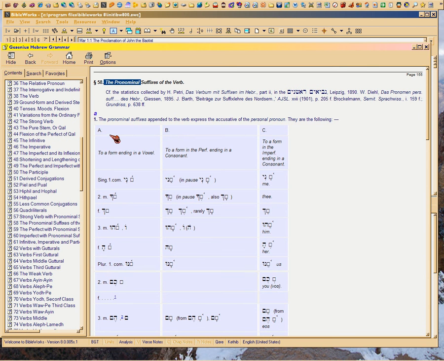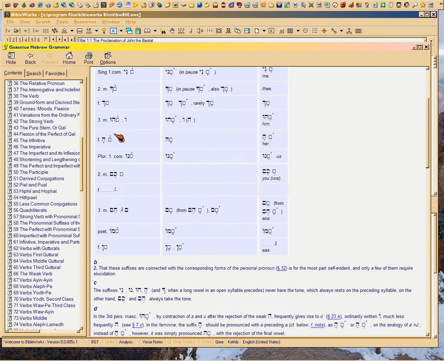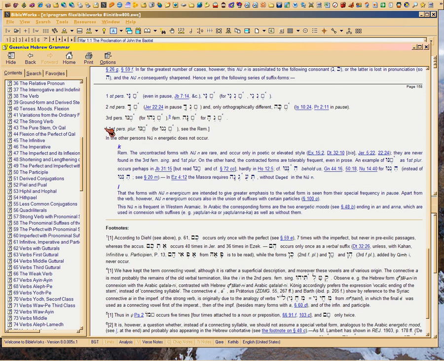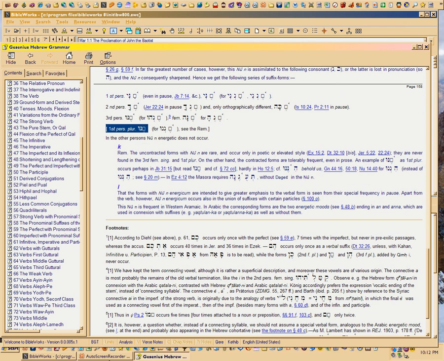It doesn't ever refer to things. And it can't refer to people in the third person plural because it only exists in the first person plural and the third person singular.